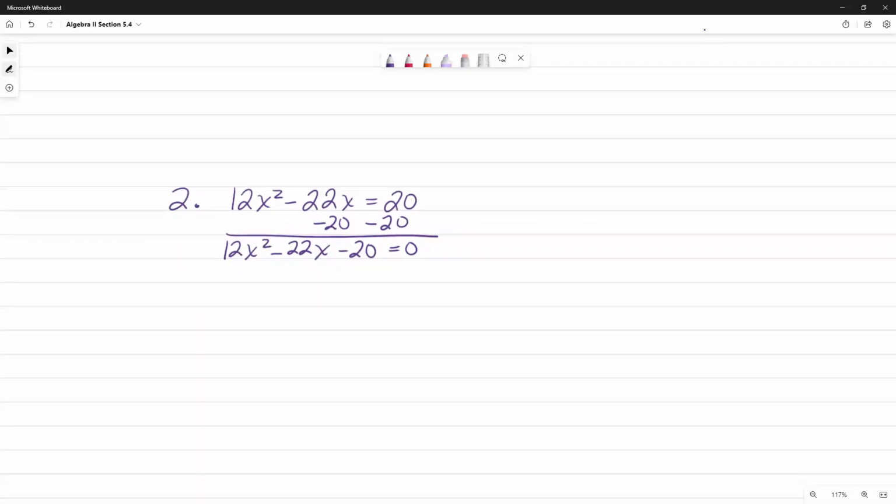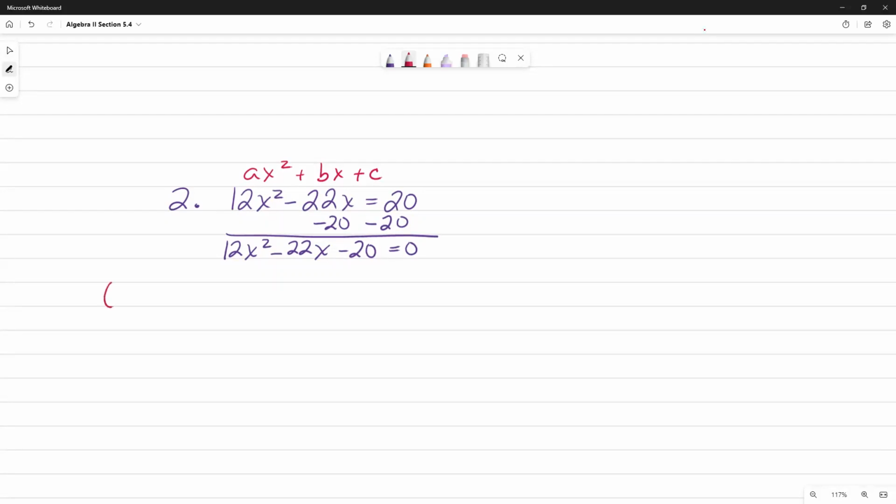Okay, so the way that I've done these is I look for the factors of the a term. Just as a reminder, this is ax squared plus bx plus c, and a is the coefficient of the x squared. In this case, that has a couple of different sets of factors.